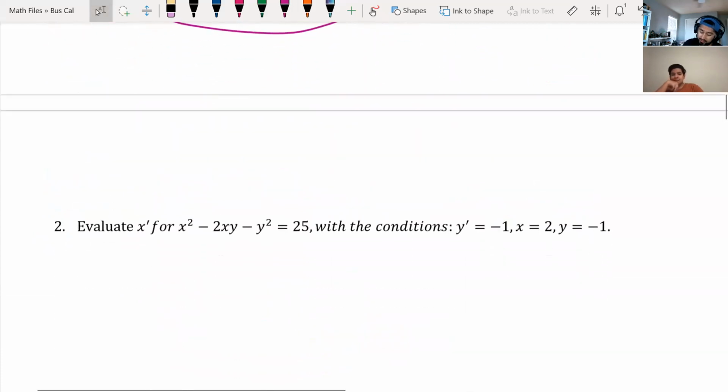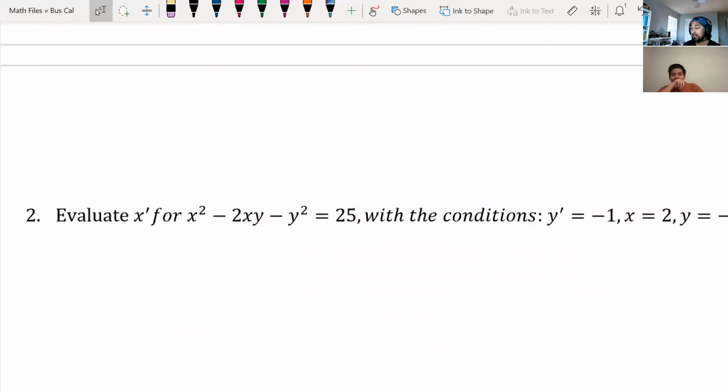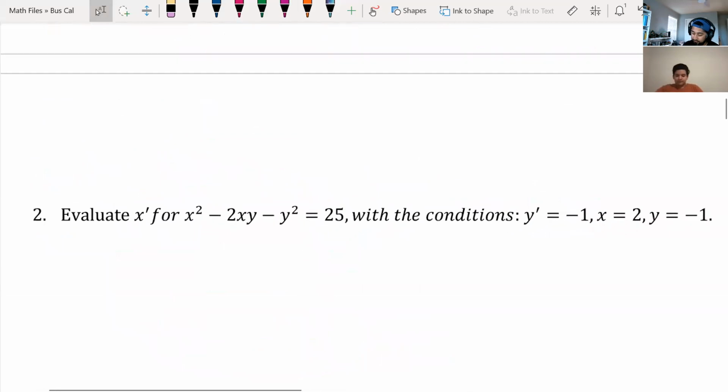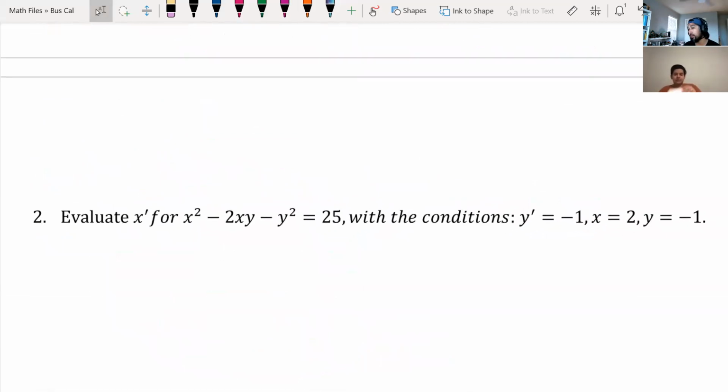Okay, let's try it again. Evaluate x prime for x squared minus 2xy minus y squared equal to 25 with the conditions y prime is -1, x is 2, y is -1. So what we're going to do here is take the implicit derivative with respect to time, and we're going to solve for x prime.